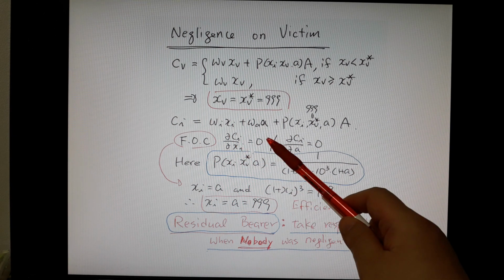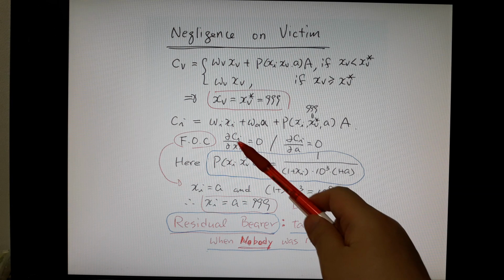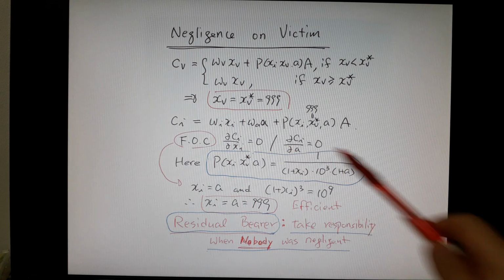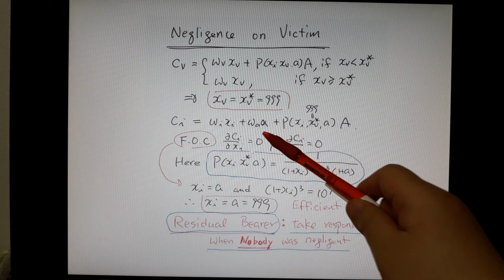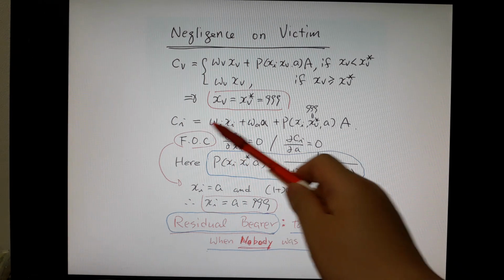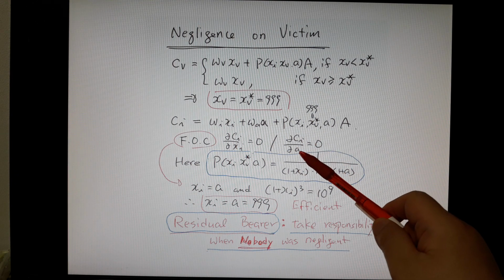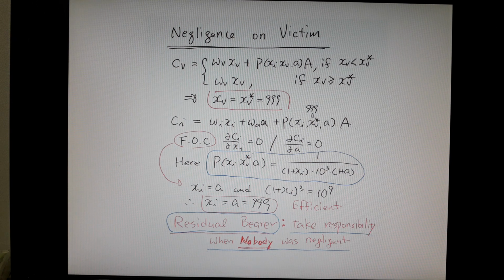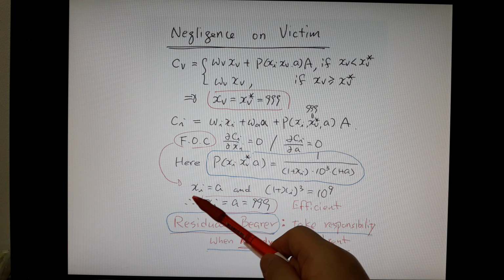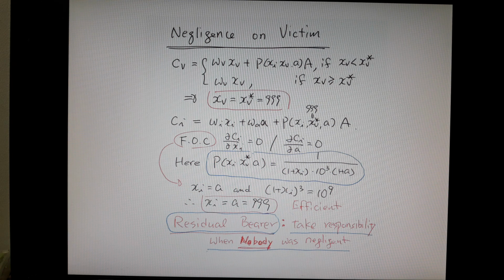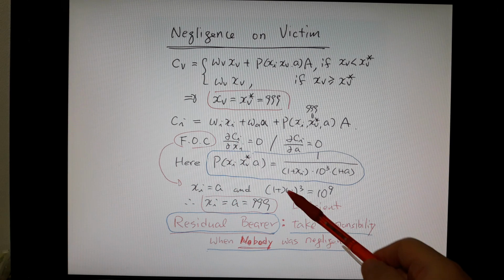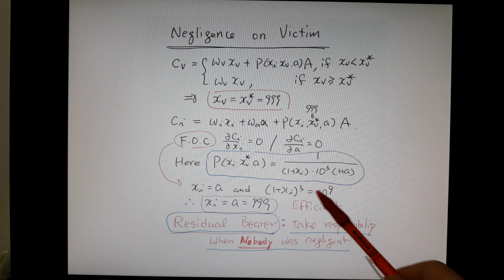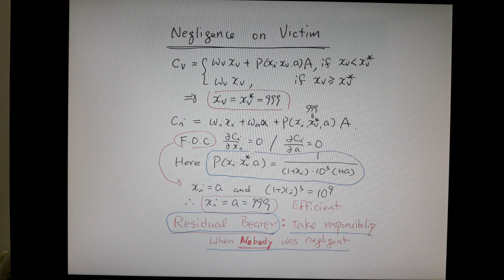And I ask you to do the first order condition, the partial differentiation yourself, differentiating CI with respect to XI, CI with respect to A, and set them to 0. Once again, you will find out XI should be the same as A in this case, and 1 plus XI to the power of 3 would be 10 to the power of 9.